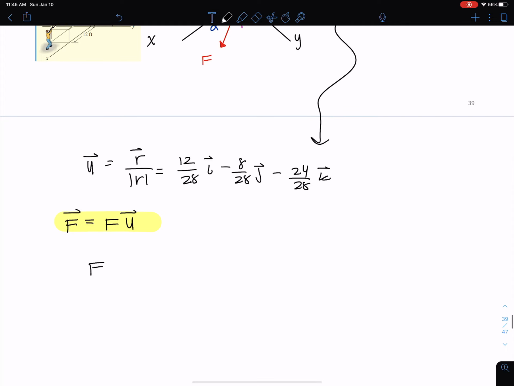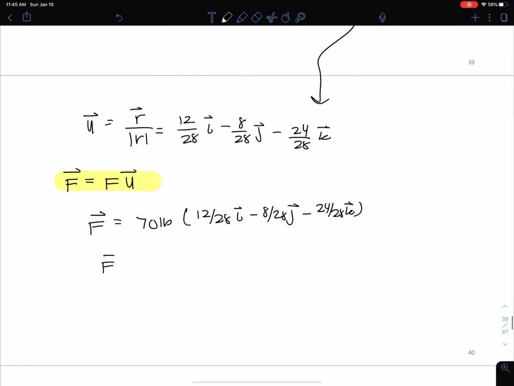So I can say that F is equal to, take the 70 pounds and multiply it in: 12 over 28 in the i minus 8 over 28 in the j. It's just telling me the components in each direction, the proportion. And I get 30 in the i direction, negative 20 in the j. So the unit vector puts forces into components for me.